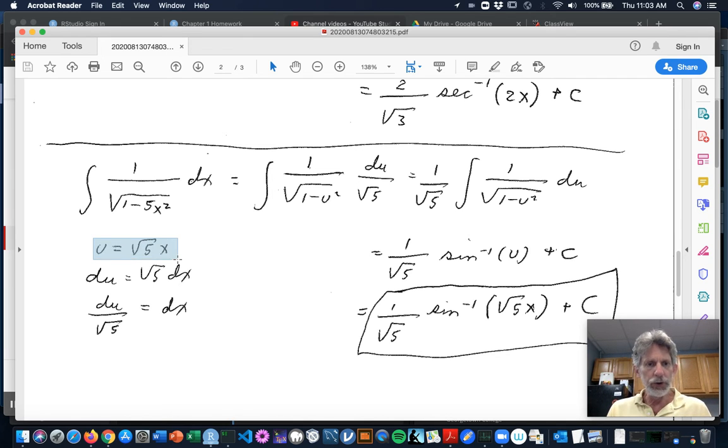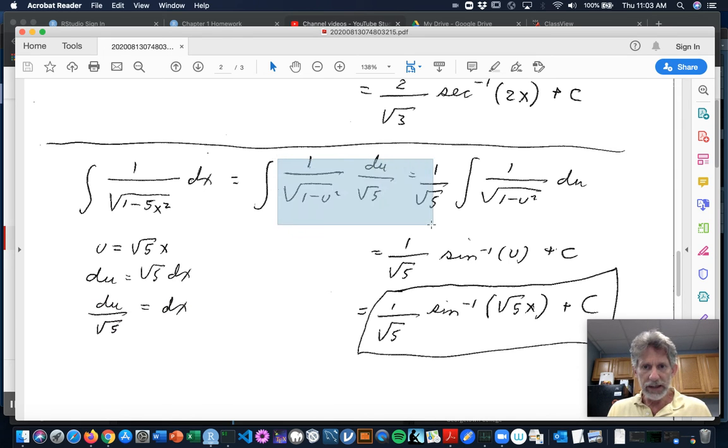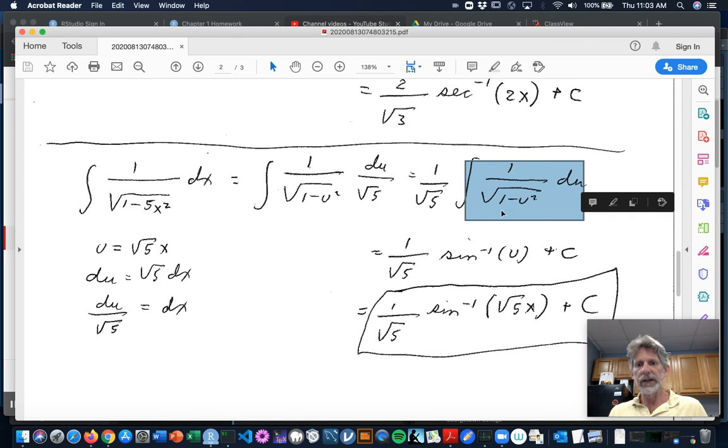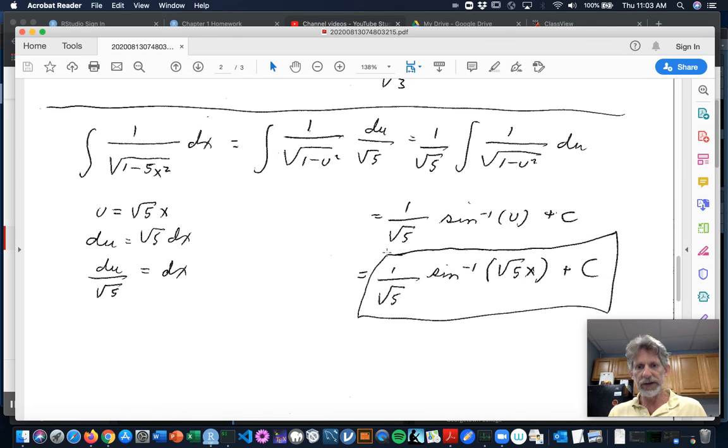Well, if I let u be the square root of 5 times x, then u squared would be 5x squared. Root 5 times root 5 would make 5. x times x makes x squared. So I'm going to make that my substitution, which means when I get to dx, it's going to be du over root 5. So here I am substituting back in. And if I pull out that 1 over root 5, then I can just use my antiderivative fact just like before, put back into x's, and I'm great.